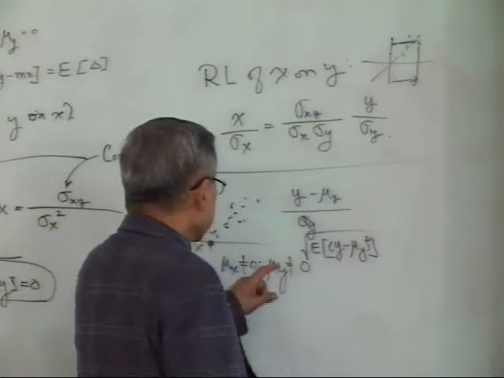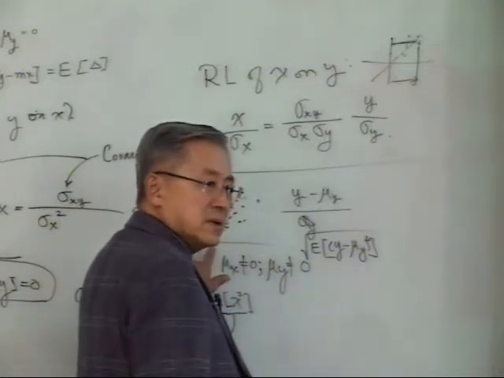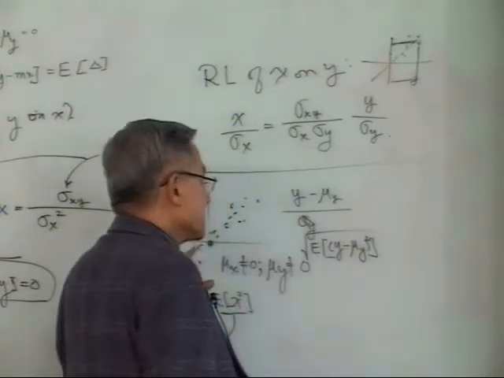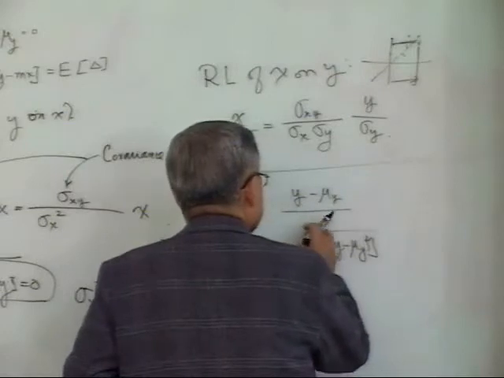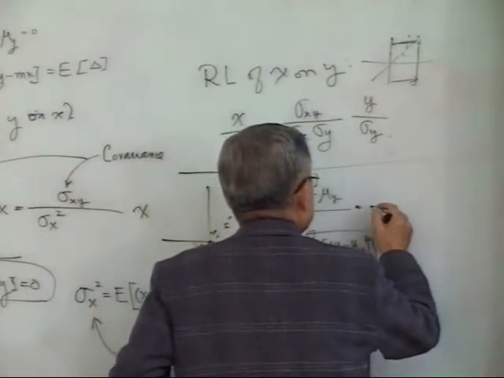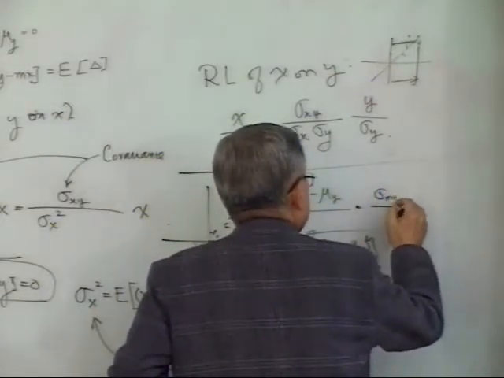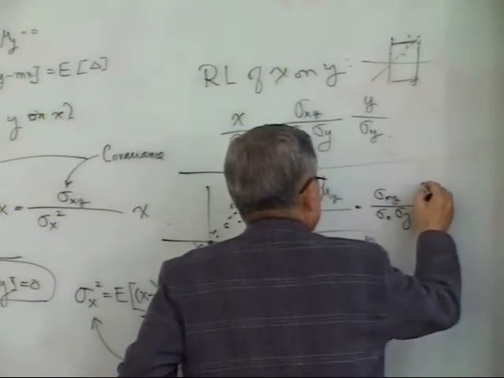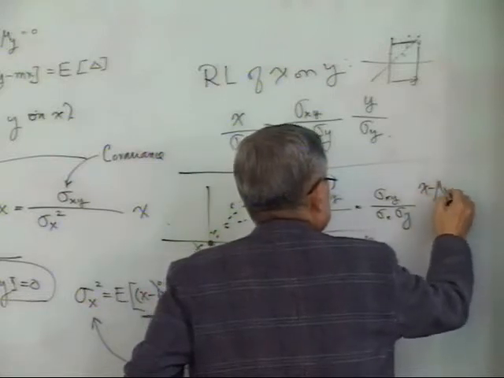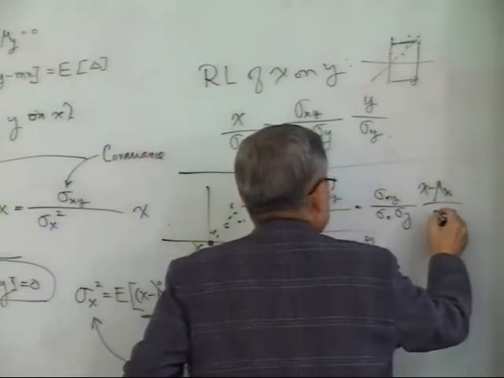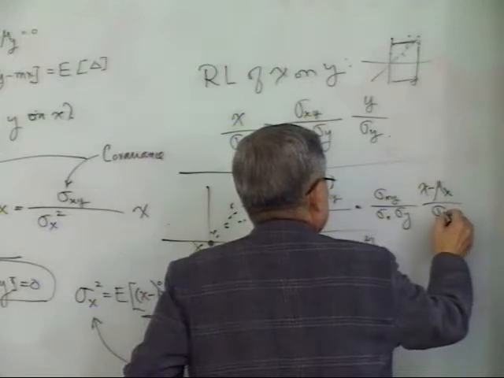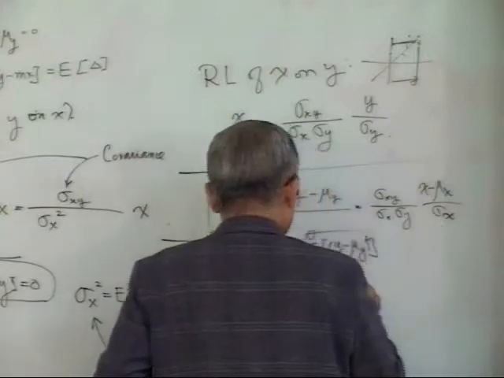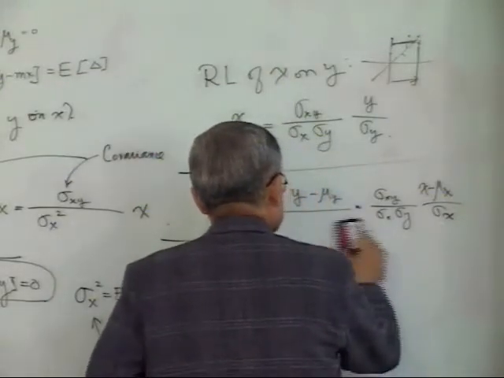When you want to include the mean value, this origin is the origin of the data: y minus mu y over sigma y is equal to sigma xy over sigma x sigma y, times x minus mu x over sigma x.